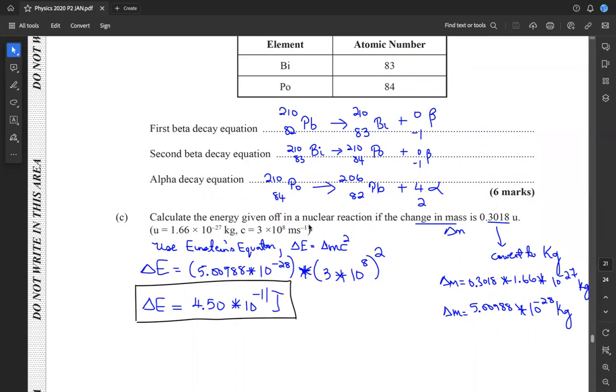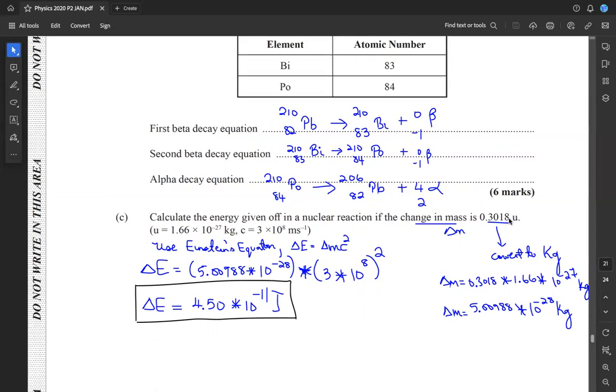And so if we are being asked to calculate an energy, we have to use Einstein's equation, because that's the equation that relates this energy to the change in mass, right? So that's just delta E is equal to delta M c squared. Okay, so the question itself gave us what the change in mass is. They told us that it's 0.3018 U.